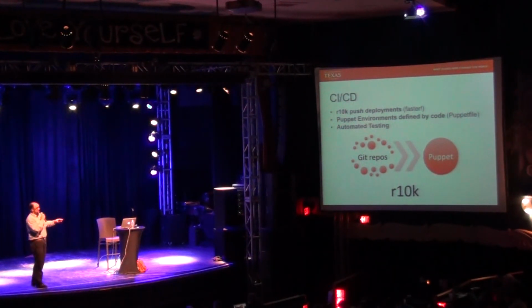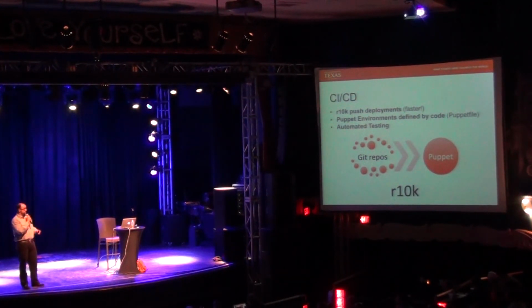But the great thing about R10K is that if we can define environments with code using R10K, that unlocks people's ability to set up their own custom environments, including Puppet Forge modules, which is very cool. They get to just drop a totally independent environment on the Puppet server, and then they test that. They won't hurt anybody else, they're not going to touch anybody else. It's very cool. We're going to try that out.